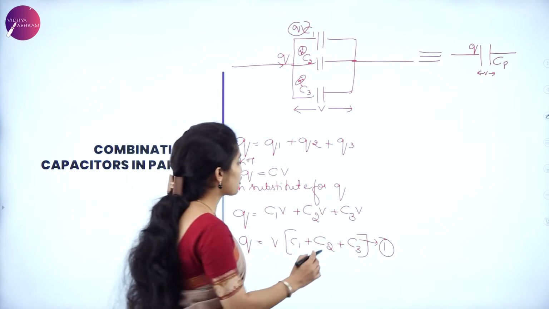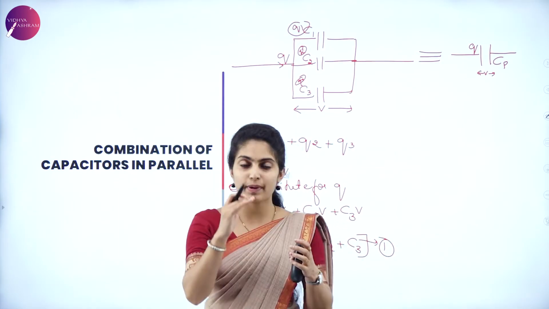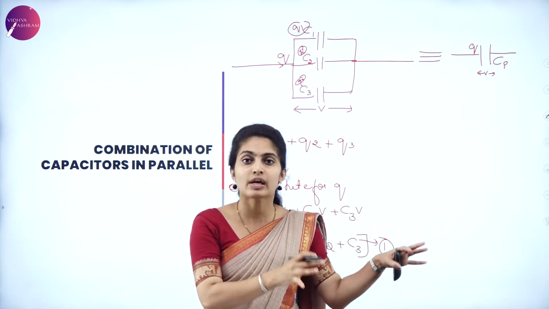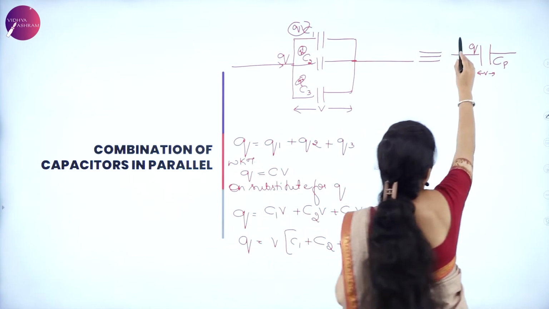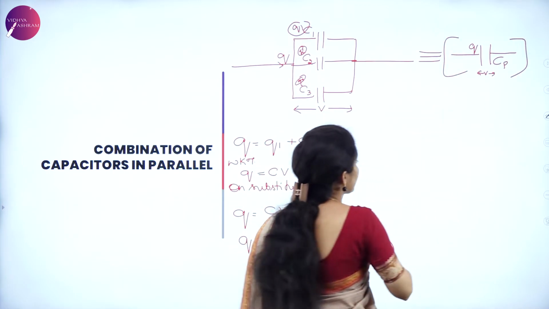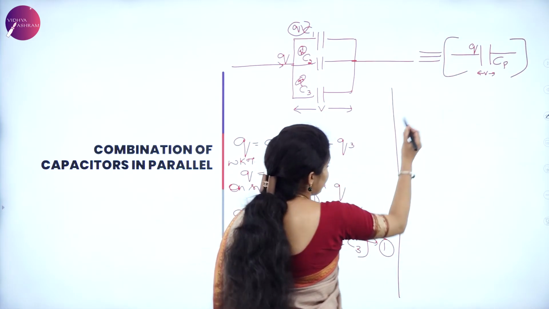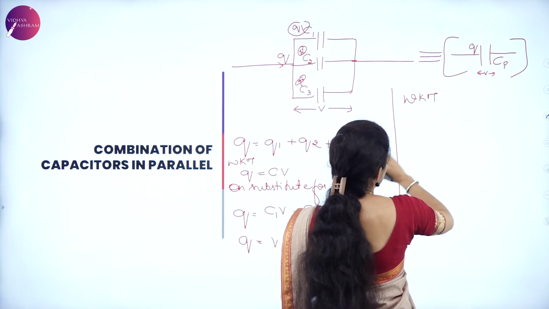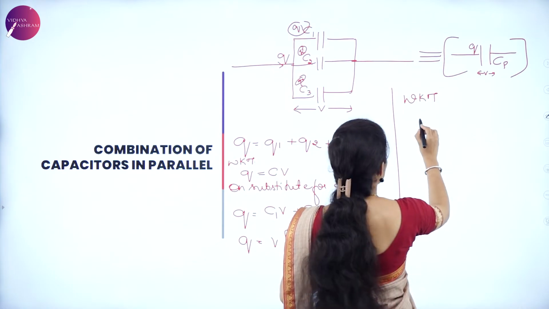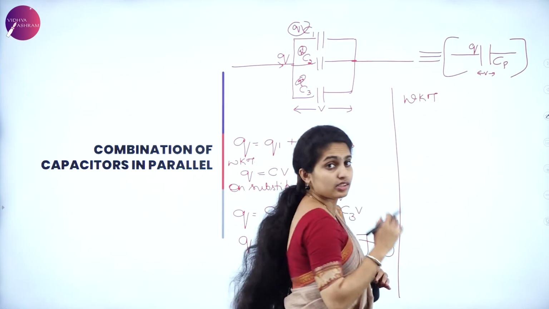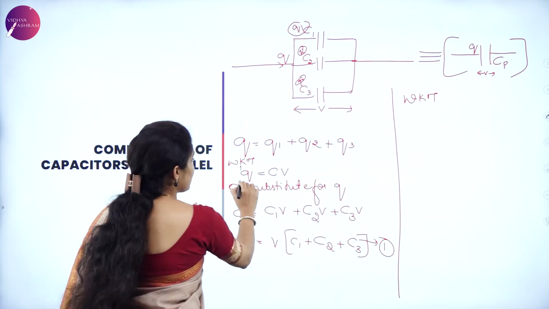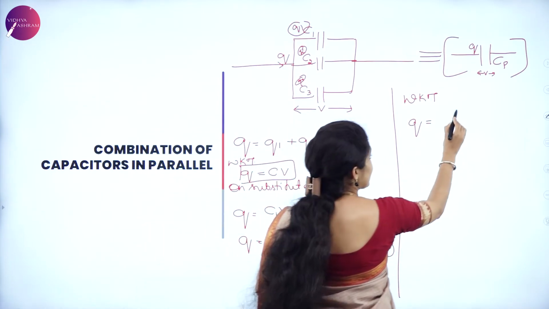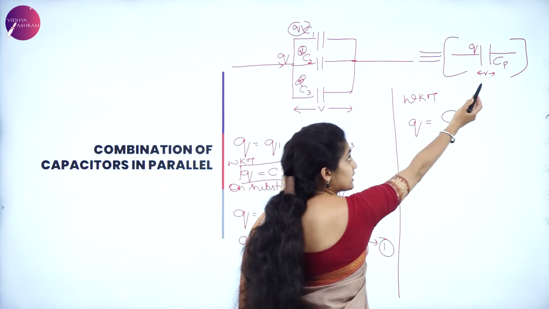Now we will have to replace the parallel combination of capacitors with an equivalent setup, that is in this form which is given over here. Again, with the same concept, Q is equal to C and V. What is C over here?